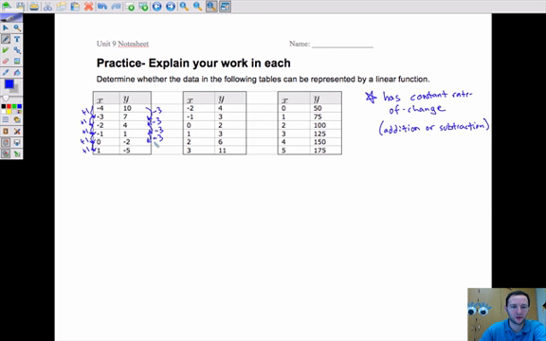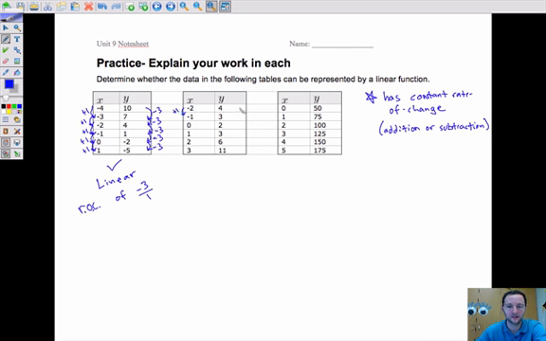Last one, x goes up by 1, y goes down by 3. So yes, this is linear and has a rate of change of -3 over 1, or just -3. But because it's the same, -3 over 1, -3 over 1, -3 over 1, every single time, then we know it's linear.